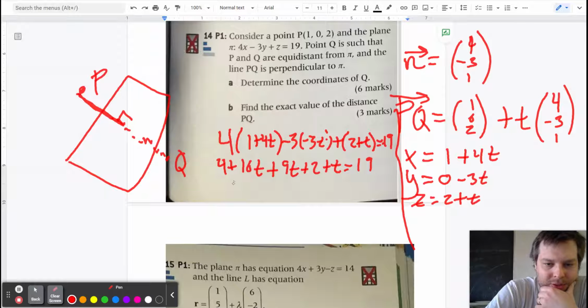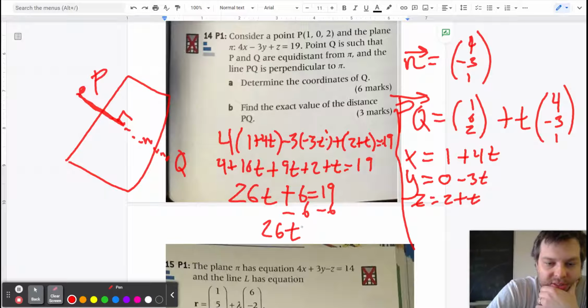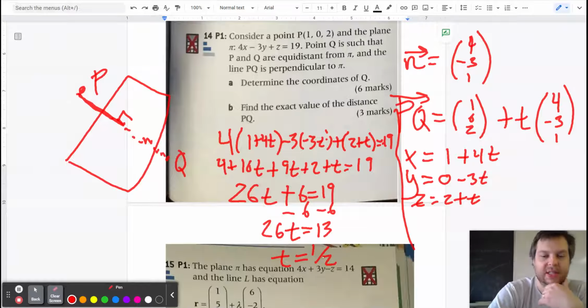What does that give me? 26t plus 6 equals 19. Subtracting 6 tells me that 26t is equal to 13. Dividing by 26 tells me that t is equal to 1/2.